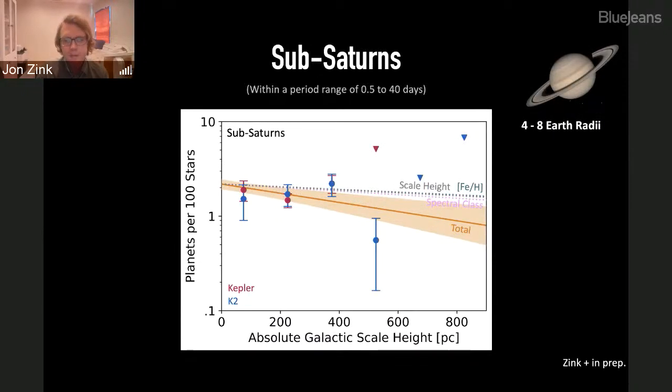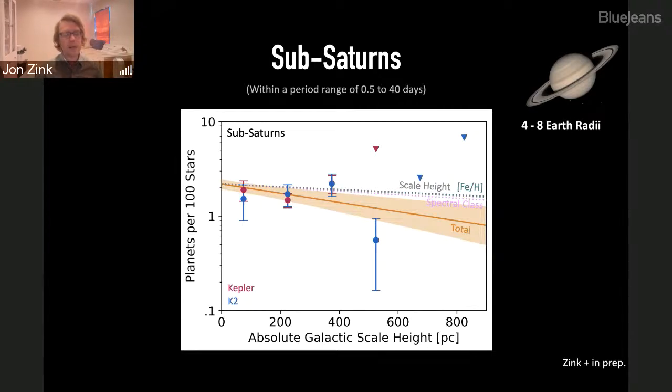So let's move to the next class of planets, the sub-Saturns. This trend's a little messier, but it is somewhat downward, as we can see. It doesn't seem like metallicity is necessarily dominating this trend, but it looks like spectral class is a bigger one here. The reason that's important is because I showed there was this downward slope in spectral class.